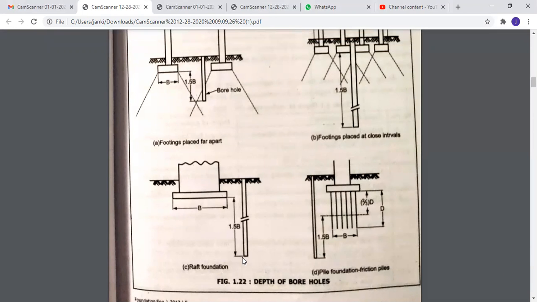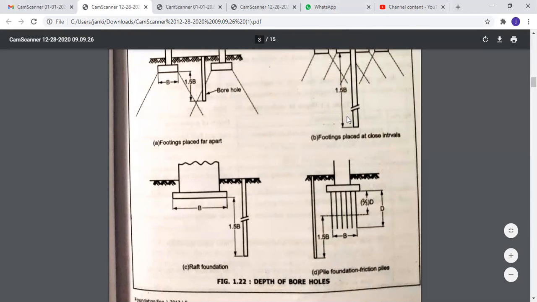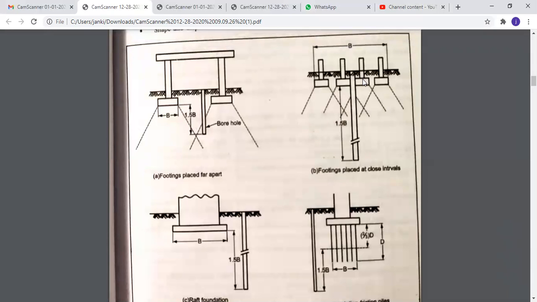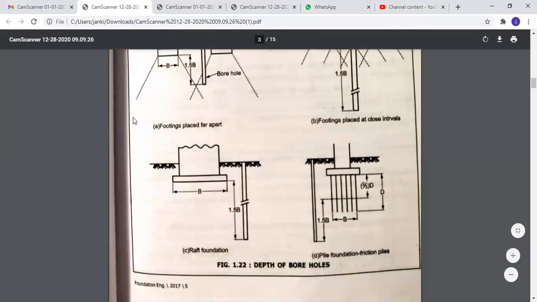There are two cases of raft foundation: if two or more supports are given in the structure, it acts as a raft foundation. While if a raft foundation is already given to the structure, the depth of borehole should be equal to 1.5 times the width of the raft, as you can see in the figure.